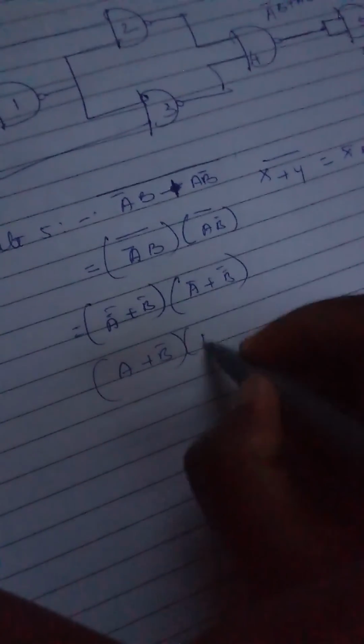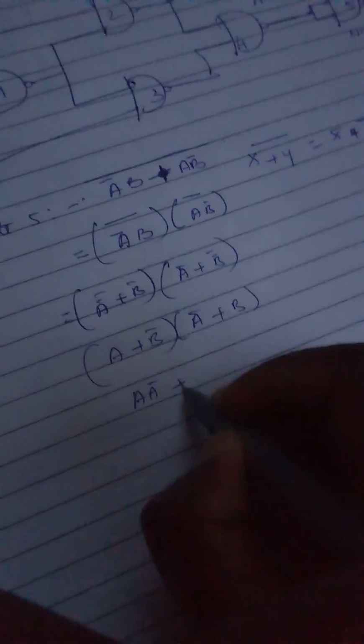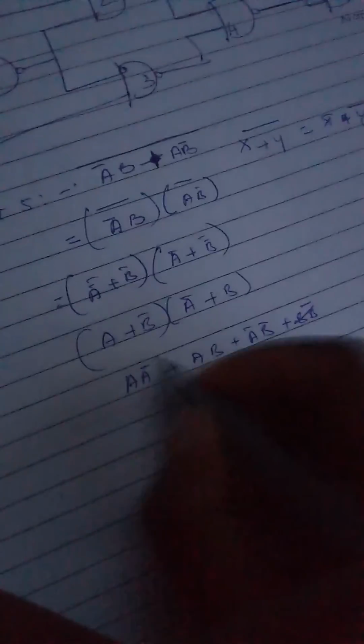So this becomes (A double bar plus B bar) into (A bar plus B double bar). So this is (A plus B bar) into (A bar plus B), which is A A bar plus A B plus A bar B bar plus B B bar. The A A bar and B B bar terms cancel. This leads you to A B plus A bar B bar, which is your XNOR function.